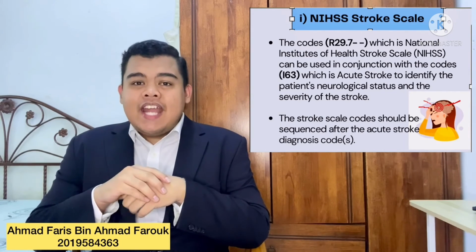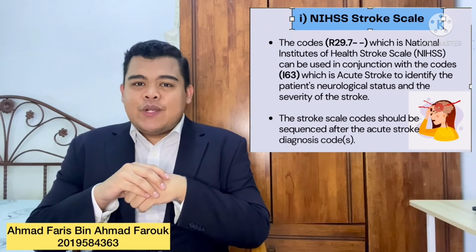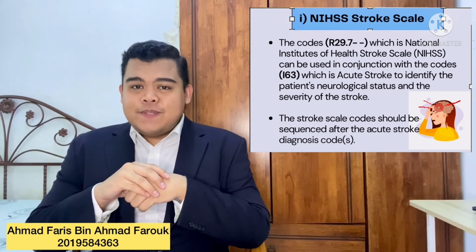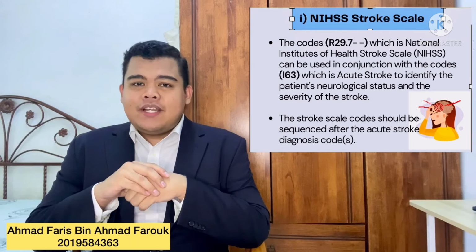On top of that, the stroke scale codes should be sequenced after the acute stroke diagnosis codes. After all, the hospital needs to report the initial score documented, or a facility may choose to record multiple stroke scale scores if needed.